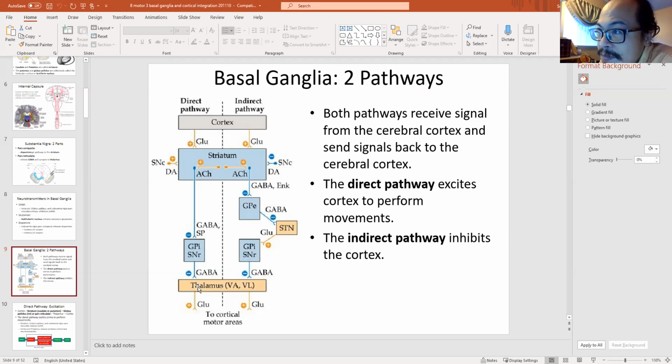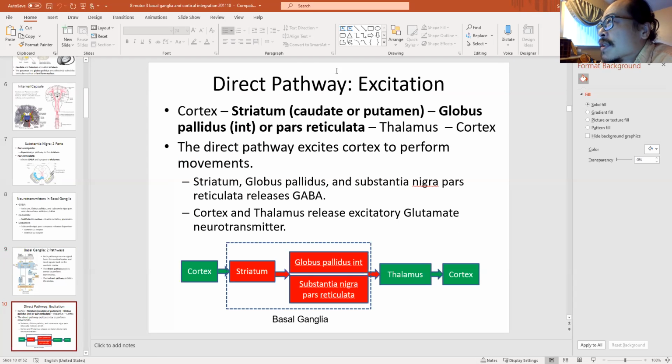So that's the pathway. Using a block diagram like I show you here, this is the direct pathway. The outcome is excitatory, all right? In the end, it's a green light. The pathway is like this: the cortex sends to the striatum, then the striatum goes to either the globus pallidus internal segment or the substantia nigra pars reticulata, then sends a signal to the thalamus and to the cortex. Now you have an inhibitory to an inhibitory neuron.